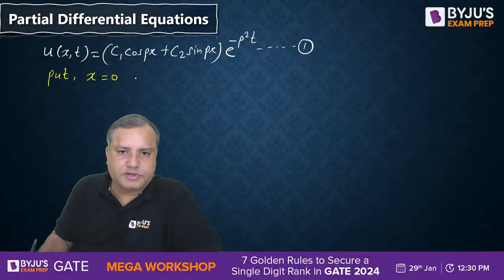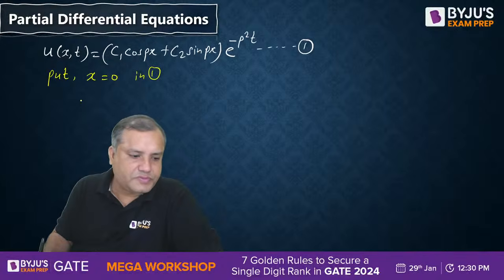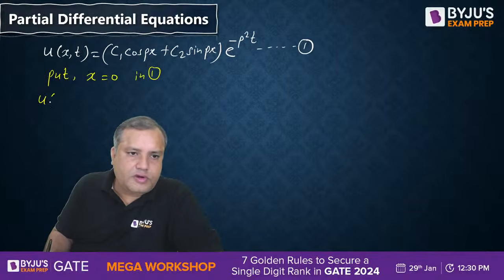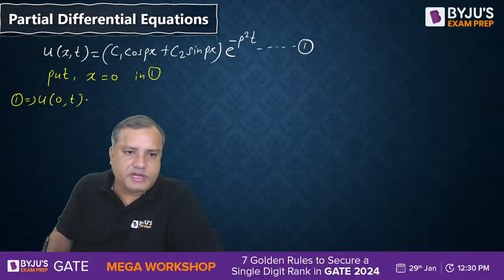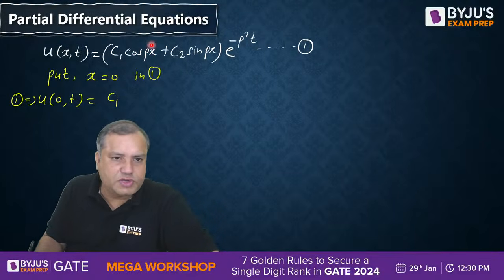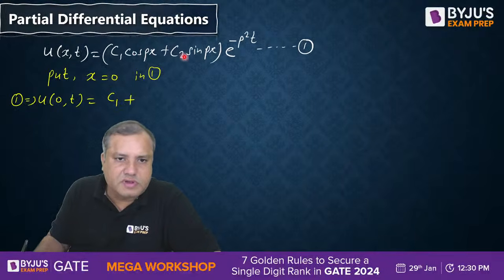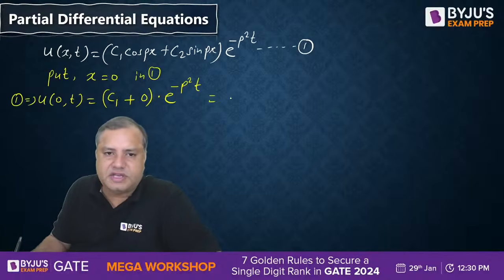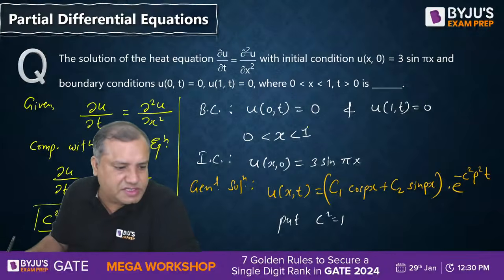Put x equal to 0 in equation 1. So u of 0 comma t. x is 0, so cos 0 is 1. Sin 0 is 0. So we get C1 e to the power minus p square t. Now this is given as 0.